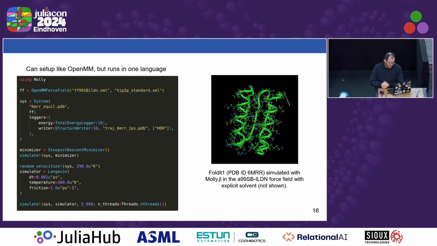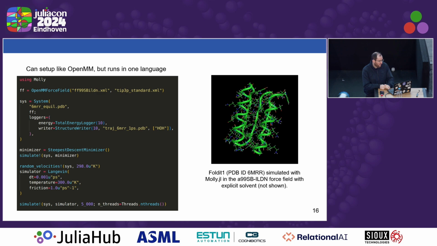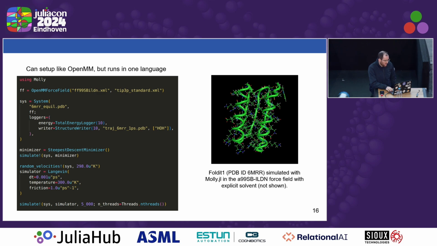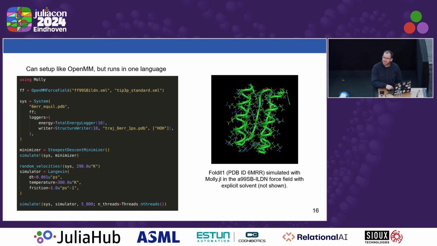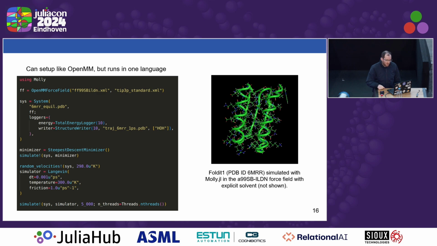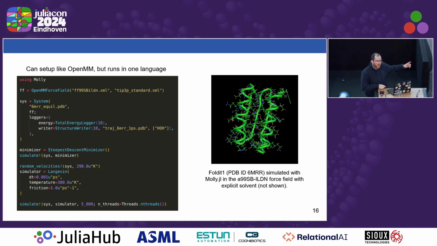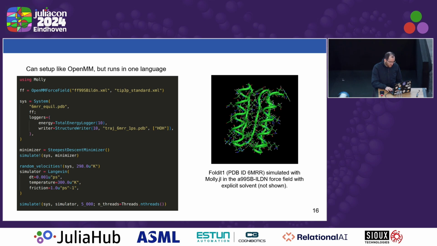We want to track the total energy, and also the conformation, which we write to a PDB file. In this case, we do a minimization. And then we apply velocities. We use a Langevin simulator, which keeps the temperature constant. And then when you simulate, you get the thing on the right. This is visualized in PyMOL, but the simulation is from what you see on the left.